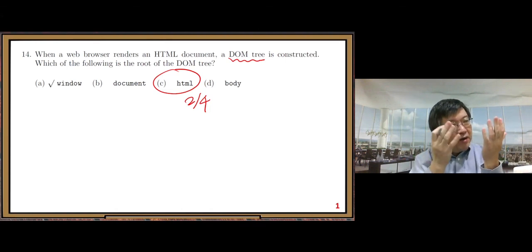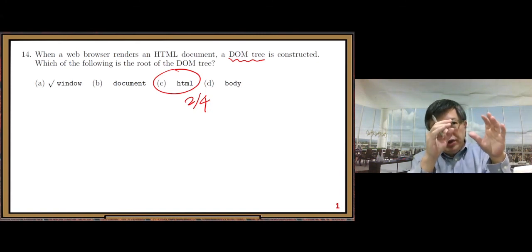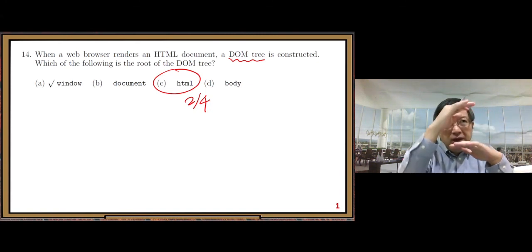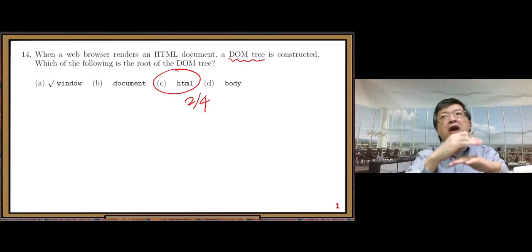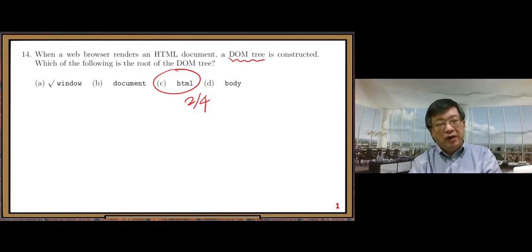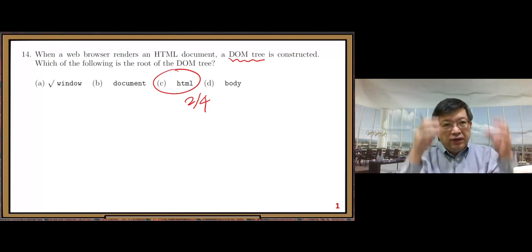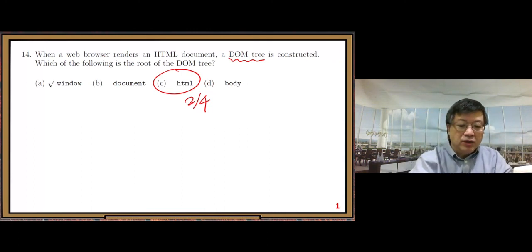For that file, it is the root. But for the DOM tree, there are 2 levels higher than HTML. If you look at the notes, I have one note about the DOM tree. In that one, you can see the root of the DOM tree is the window object.